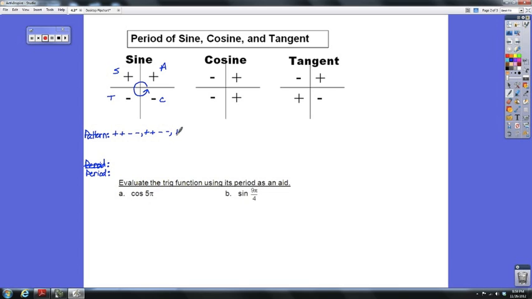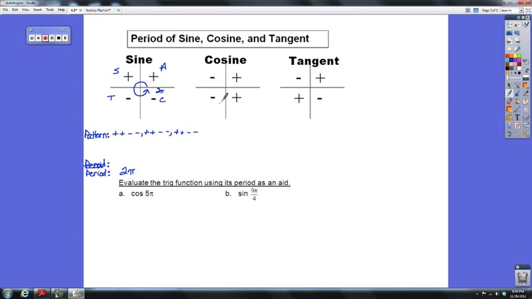All the way around the unit circle is 2 pi. So the period of a sine function would be 2 pi, because it takes you all the way around the circle for this pattern to repeat itself.